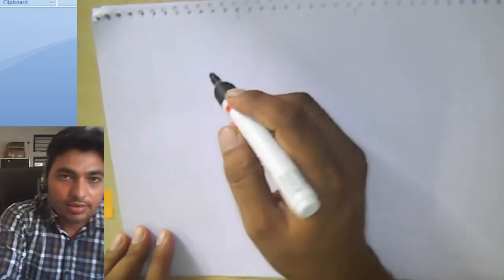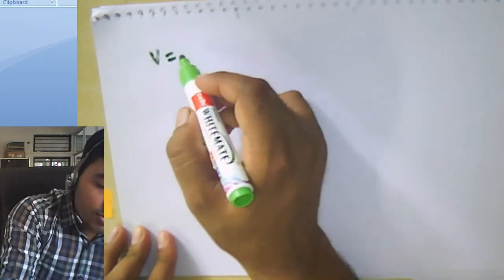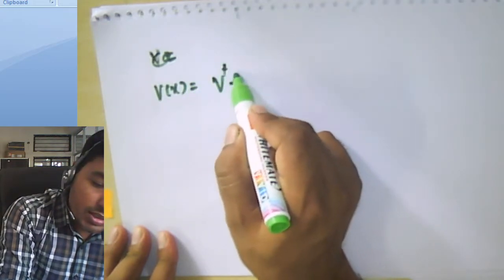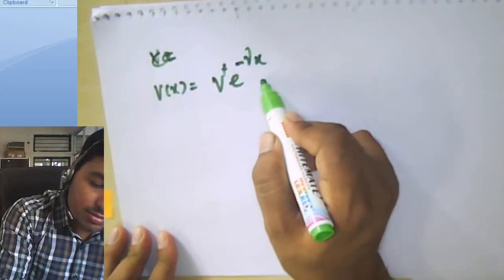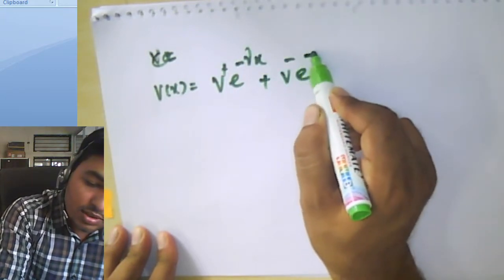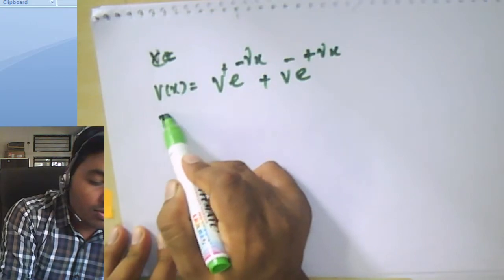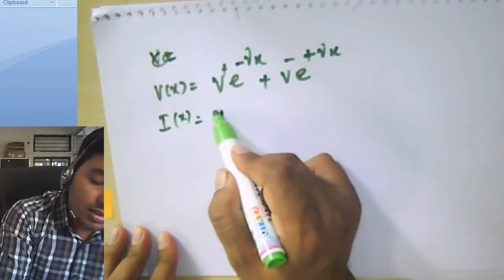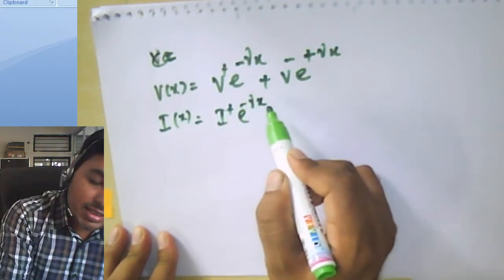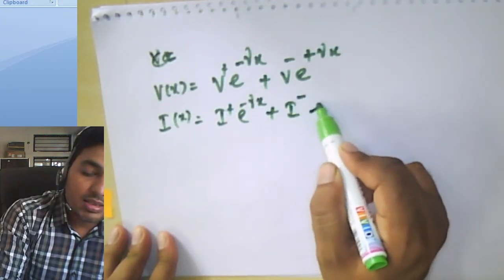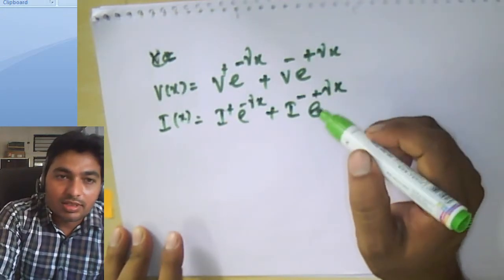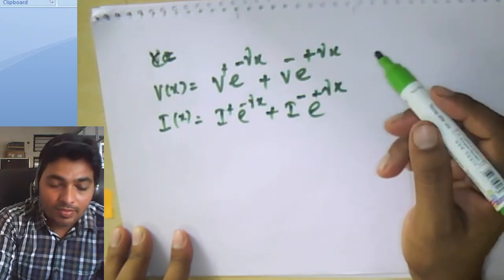We have found that voltage Vx is equal to V plus e raised to minus gamma x plus V minus e raised to plus gamma x, and we have found out the current, Ix, is equal to I plus e raised to minus gamma x plus I minus e raised to plus gamma x, where gamma is our propagation constant, that will be equal to alpha plus j beta.